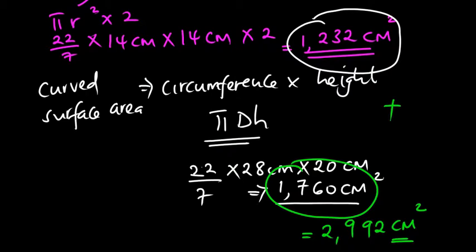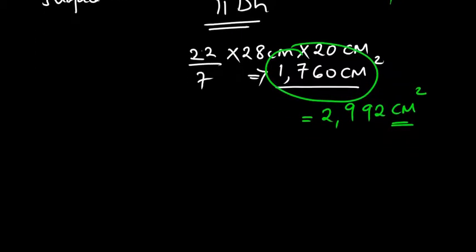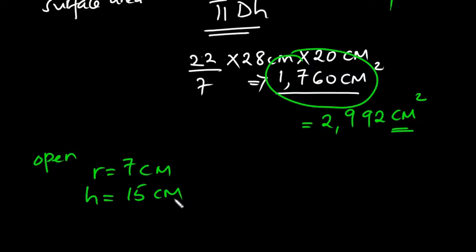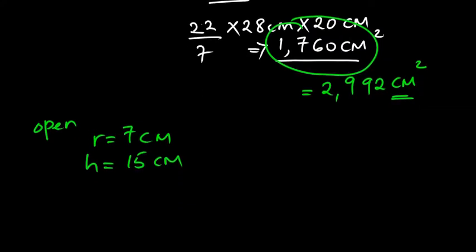So we can look at one other example. Let's use an open cylinder this time round, whose radius is 7 centimeters and the height is 15 centimeters. Let's try to work it out.